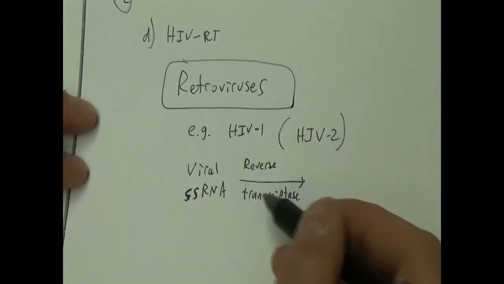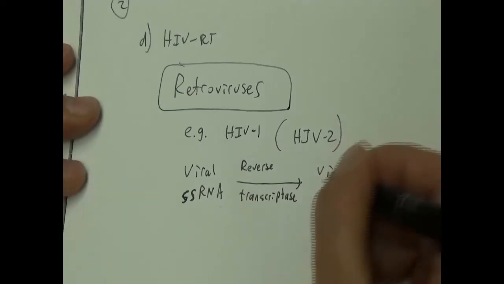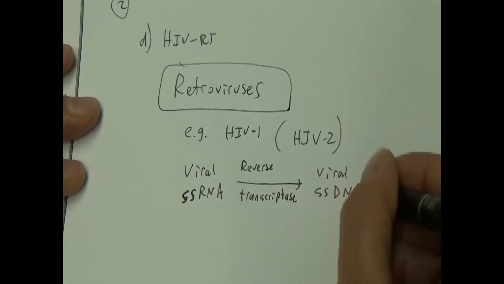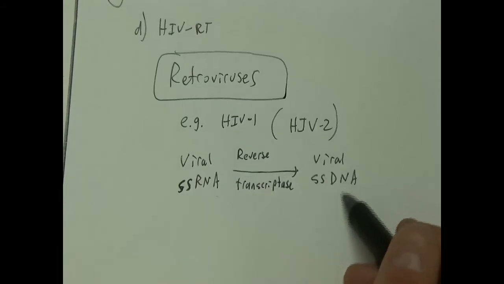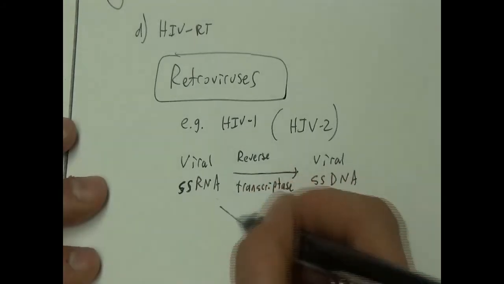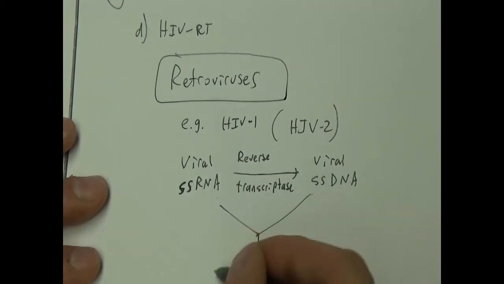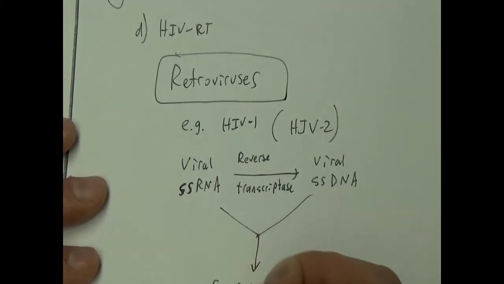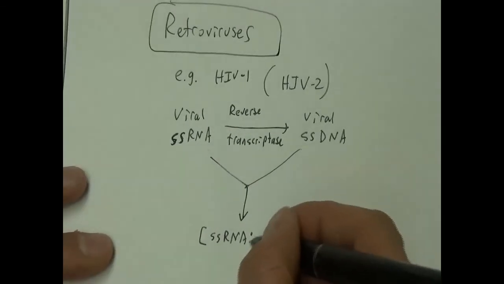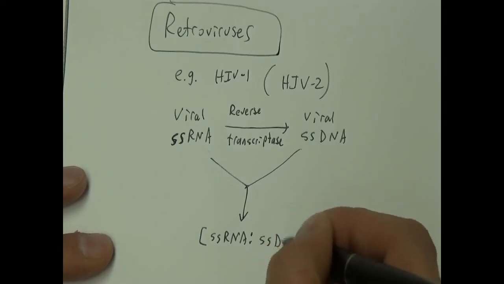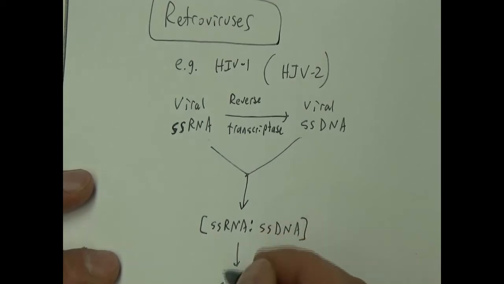What that does is it converts the single-stranded RNA into viral single-stranded DNA, and now basically into a complementary strand of the single-stranded DNA, and then these things can attach to a base paired unit, and then this can replicate to double-stranded DNA.